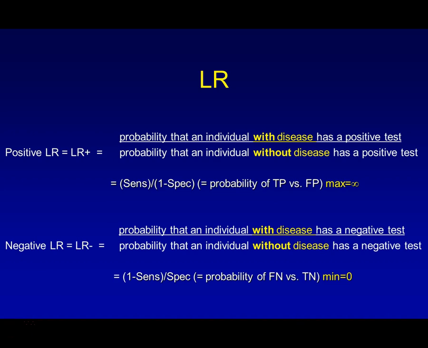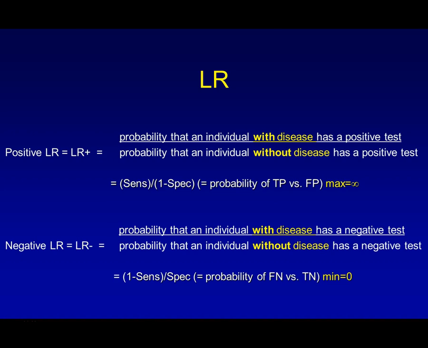The likelihood ratio of a positive test is the probability that an individual with disease has a positive test divided by the probability that an individual without disease has a positive test. In other words, it's the sensitivity divided by 1 minus the specificity, which gives true positive divided by false positive. And this should be maximum or infinite.